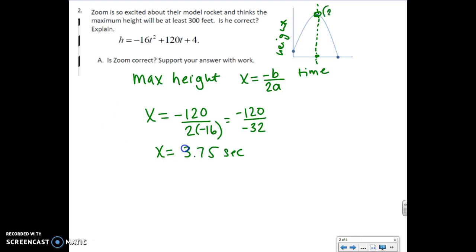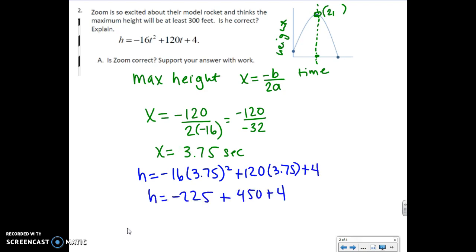So this is the x of my vertex. I don't yet know what the maximum height is, so I'm going to plug that back in now for t to be able to find my maximum height. So negative 16 times 3.75 squared plus 120 times 3.75 plus 4.